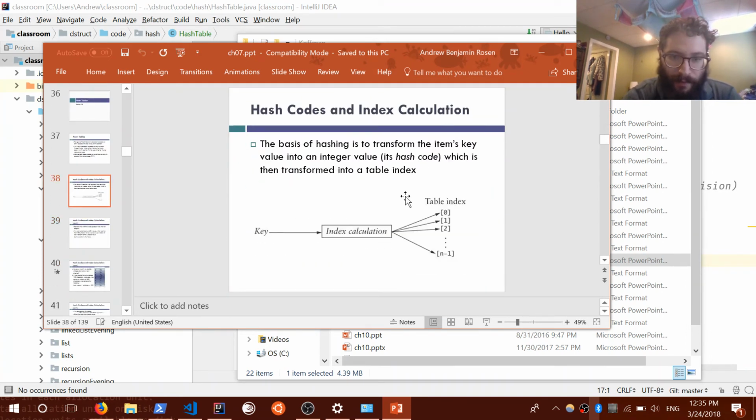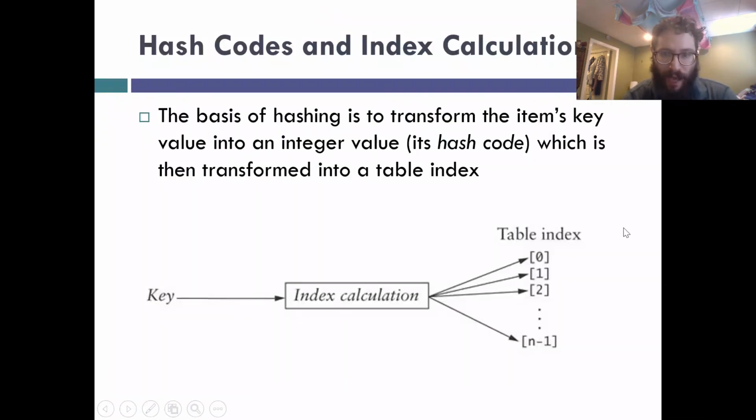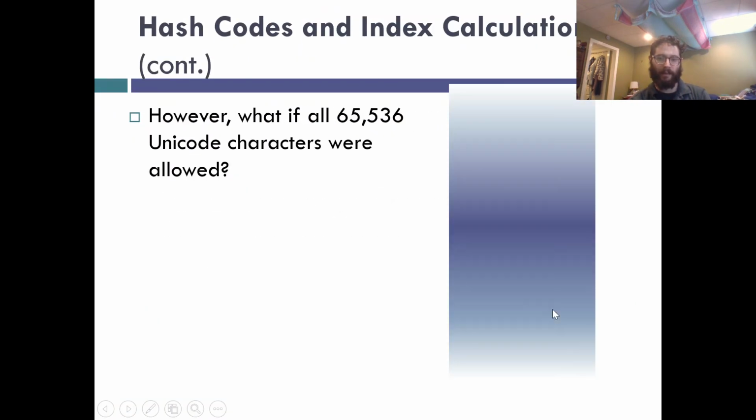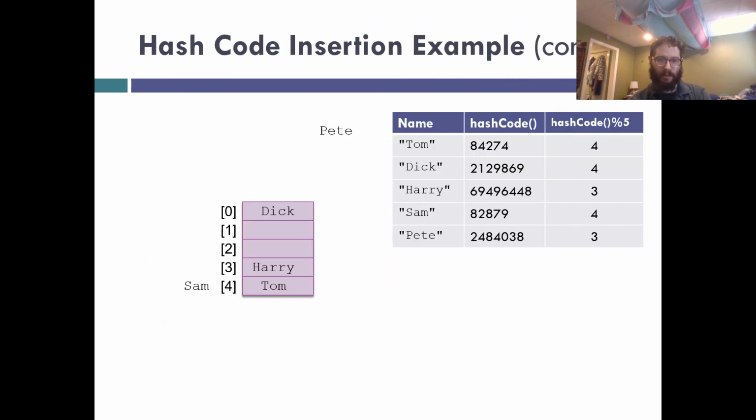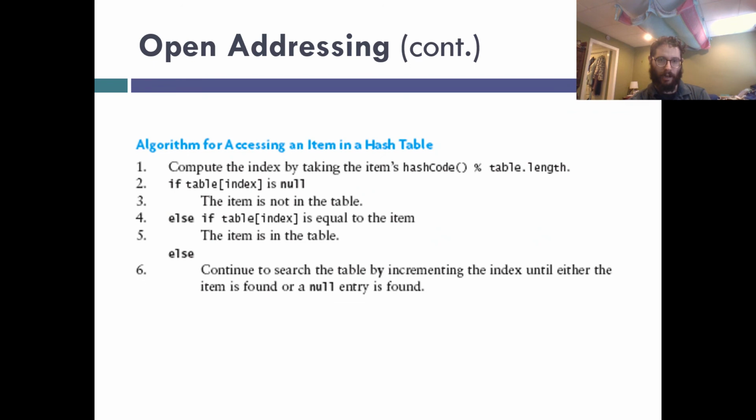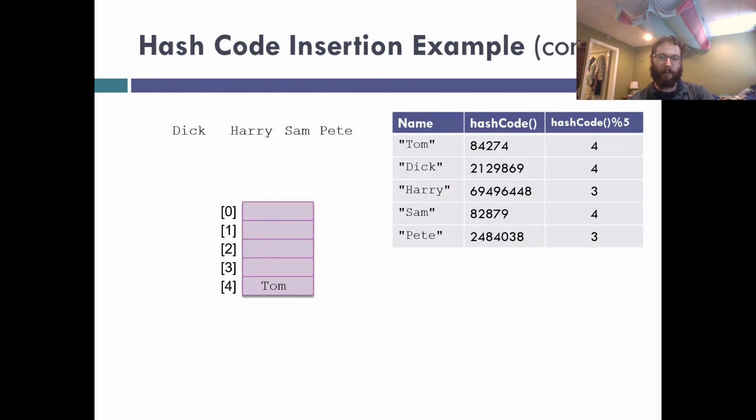So the idea is that we take a key, we use the hashing function, and then we turn it into a proper index, right? And how do we resolve collisions? We use open addressing, which is where we compute the index by taking the hash code mod the length, and then we find where to put it by looking for the next possible empty slot, right?